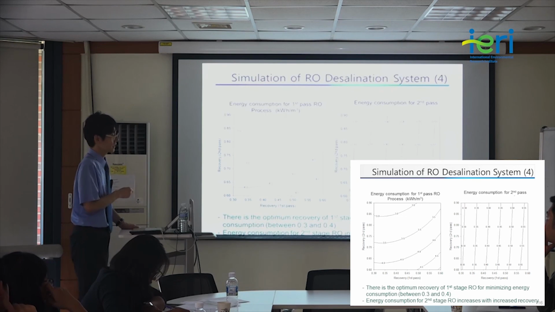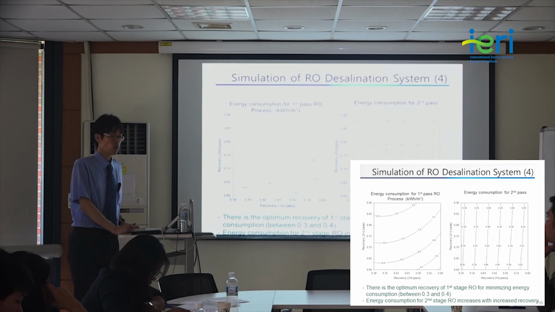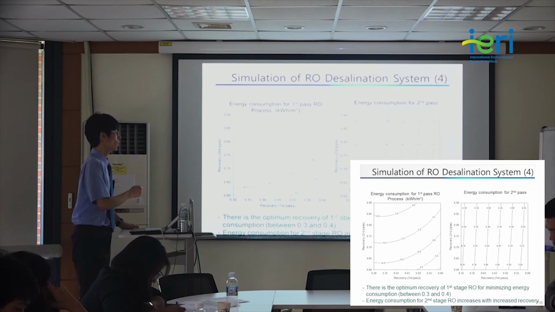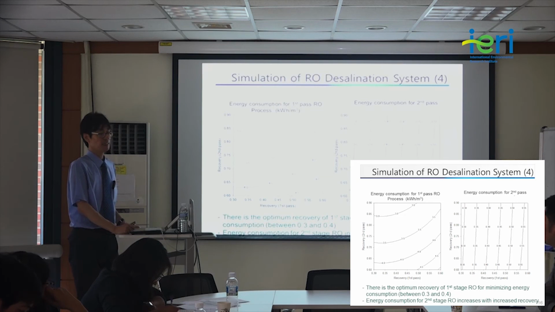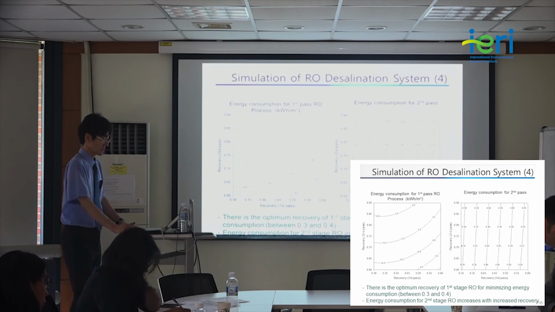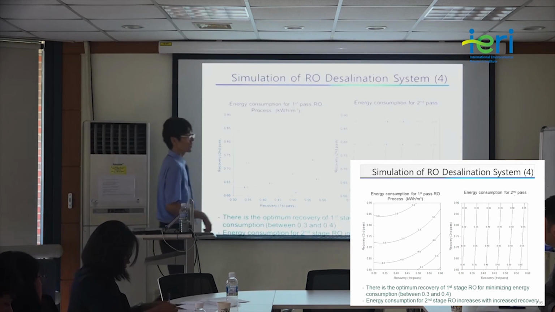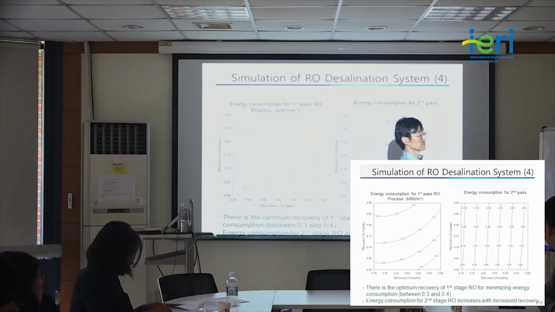And the reason is, if we increase the second pass recovery, we can get more water. So although we use the same energy in the first pass, the specific energy consumption is changed by the amount of water produced by the second pass reverse osmosis.